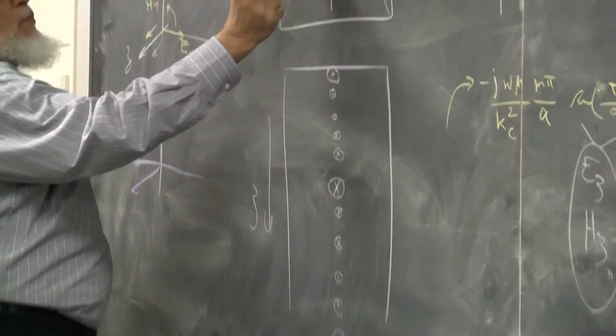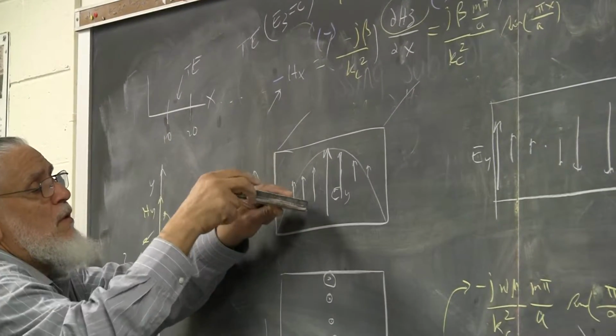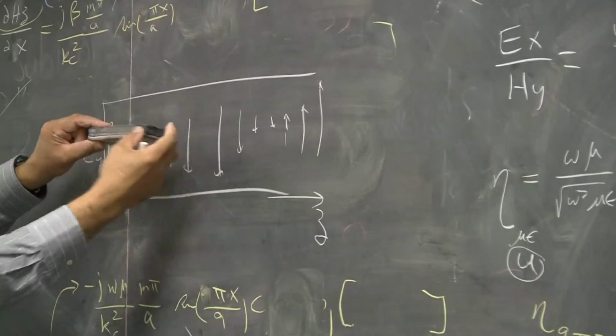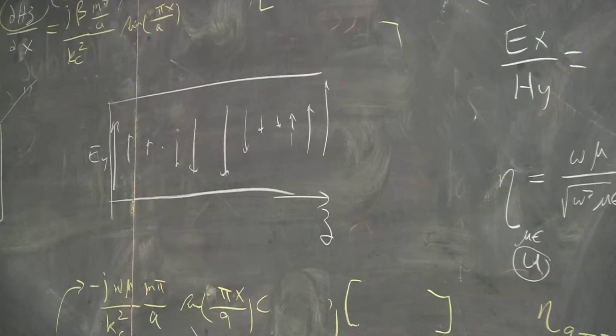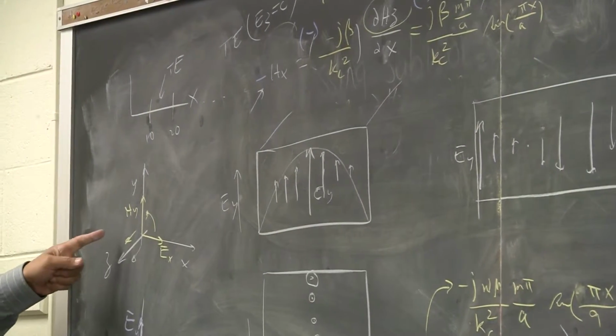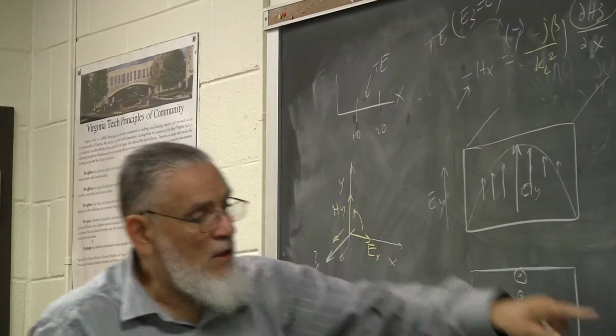If you want to picture this, that's your waveguide right here, that's your cross section. This one here is a projection this way, and this one is a projection that way. For the H, you have two components, HX and HZ.